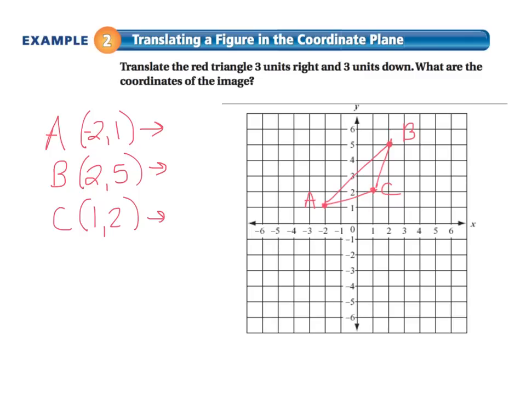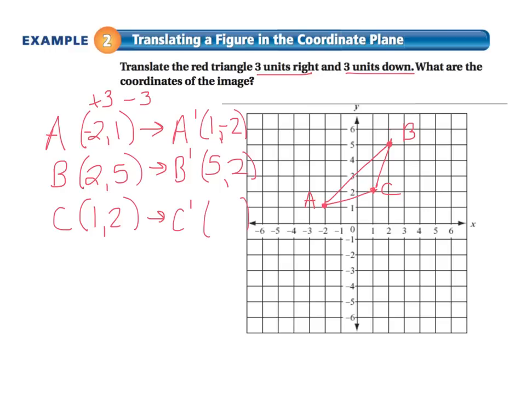Well, 3 units right means I would add 3 to the x value, and 3 units down would mean I'd subtract 3 from the y value. So A prime, B prime, and C prime: A, if I add 3, would become 1, negative 2. B prime would become 5, 2. And C prime becomes 4, negative 1.